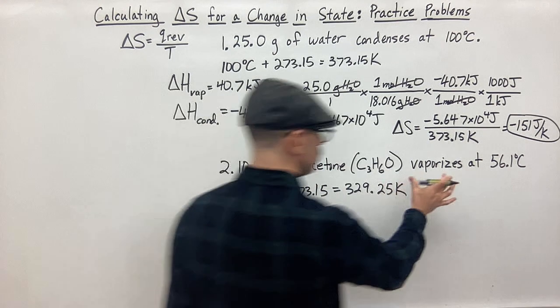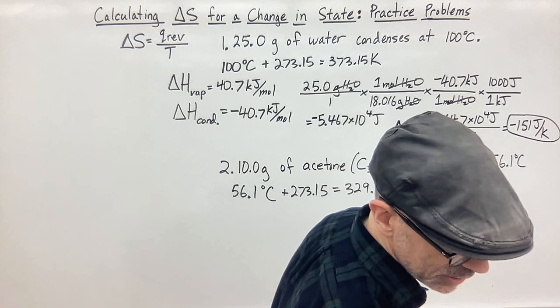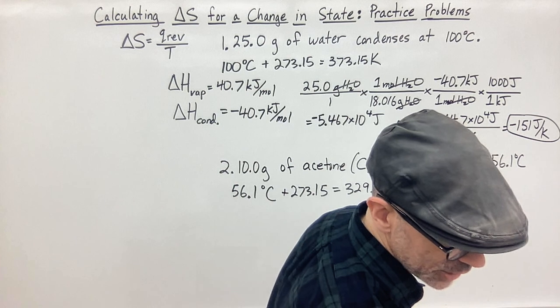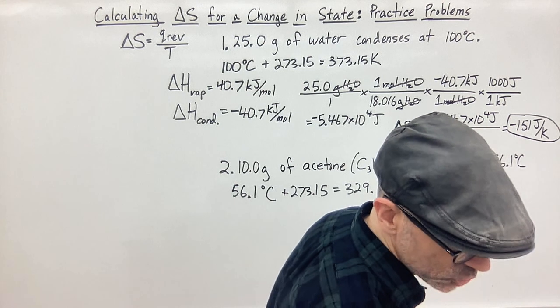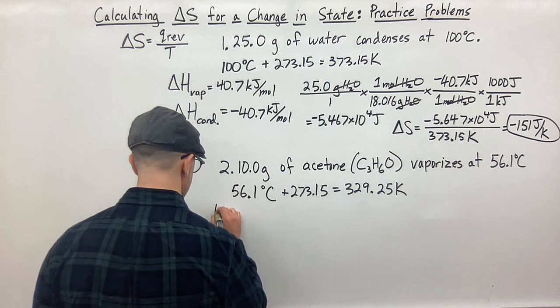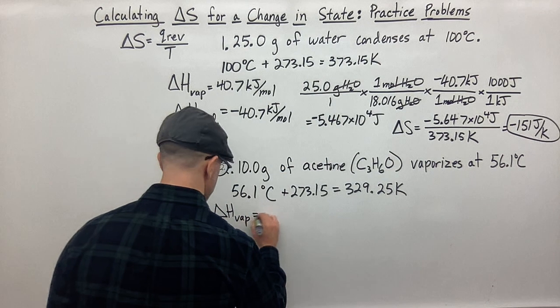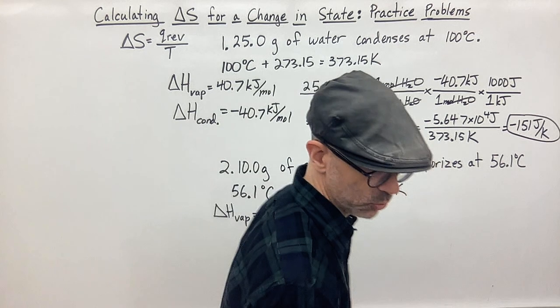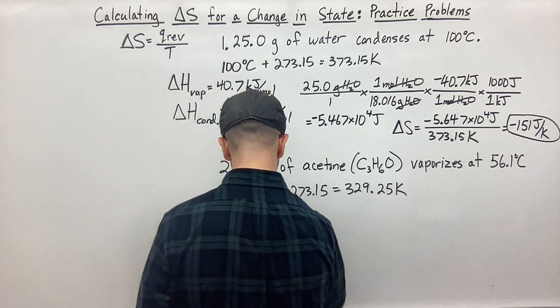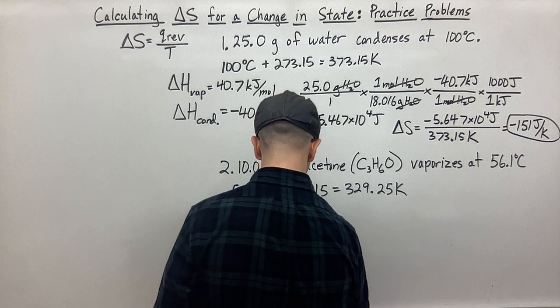We have to look up the heat of vaporization, and when we look that up, the heat of vaporization is 29.1 kilojoules per mole. So delta H of vaporization is equal to 29.1 kilojoules per mole.